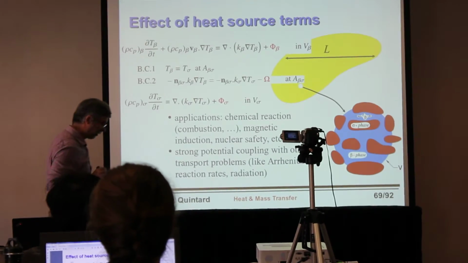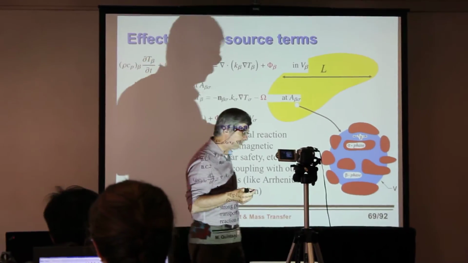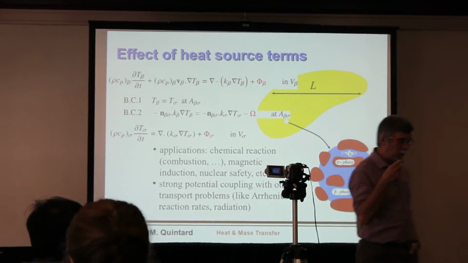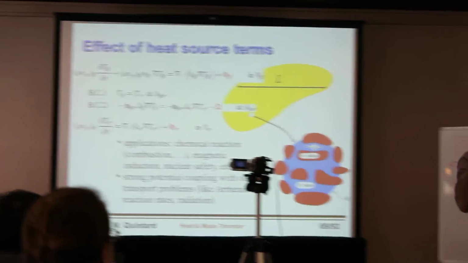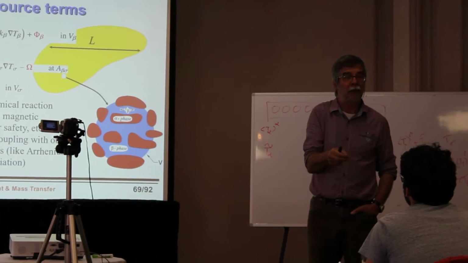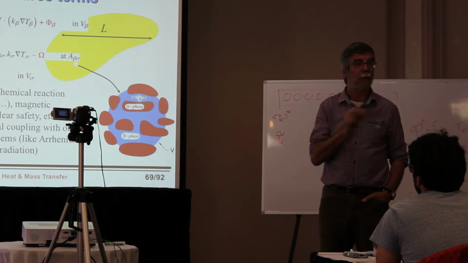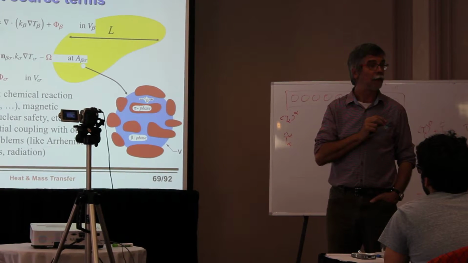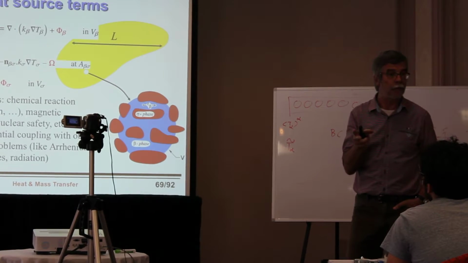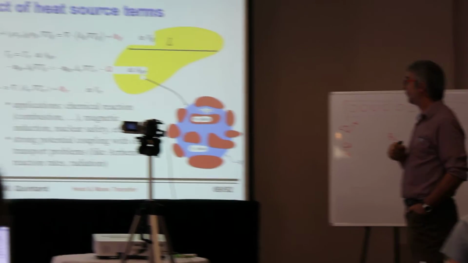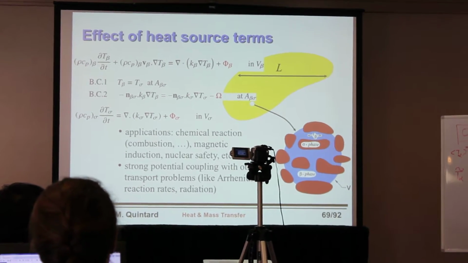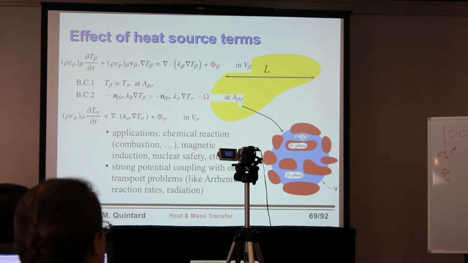So that's one application. Another very important application is what happens if I have the generation of heat inside the material. There are many applications associated with this particular problem. I will only give 2 examples. The first one is in nuclear safety applications, for instance.